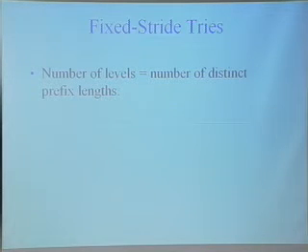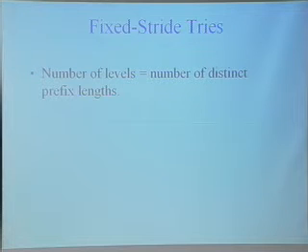The number of levels we need in a trie, to figure that out, we've got to have a place for every prefix. If you're looking at a fixed stride trie, and the root is branching on 2 bits, then in the root I'll be able to store only prefixes of length 2.